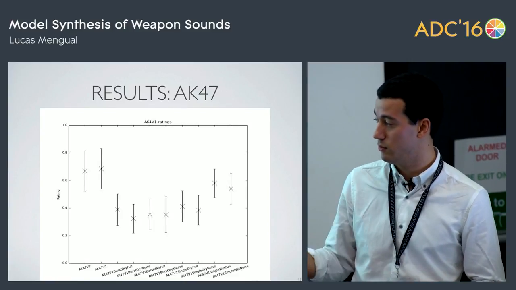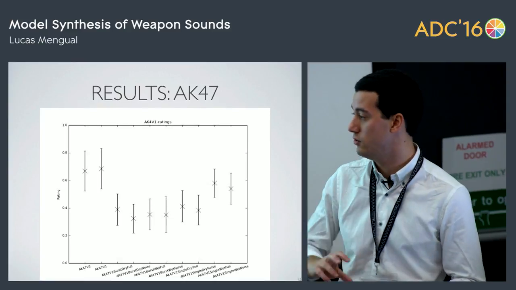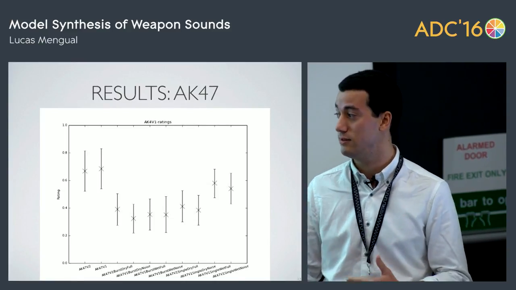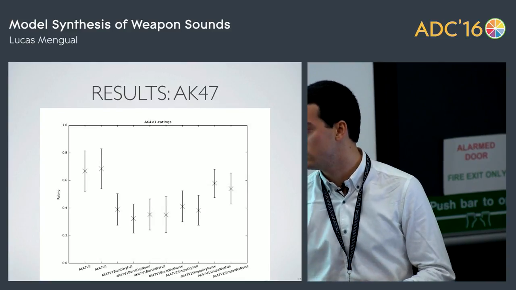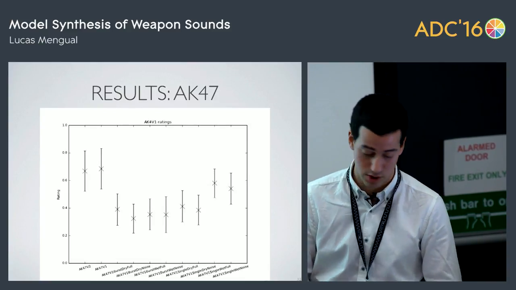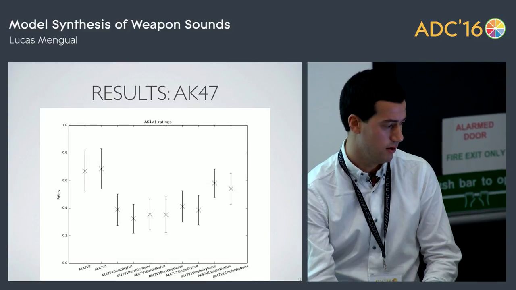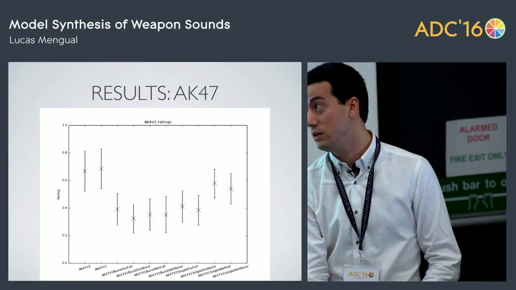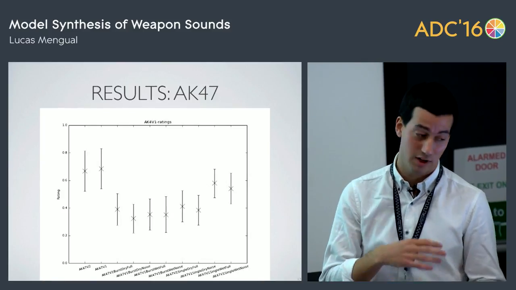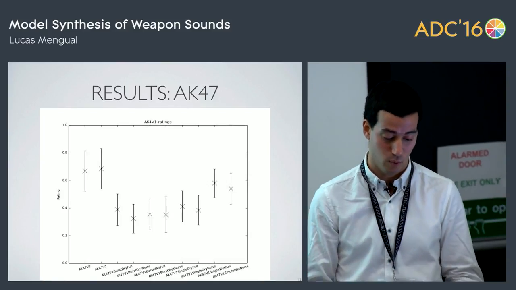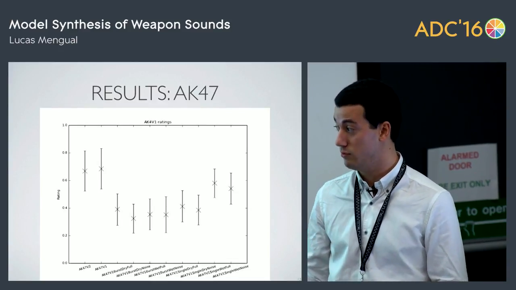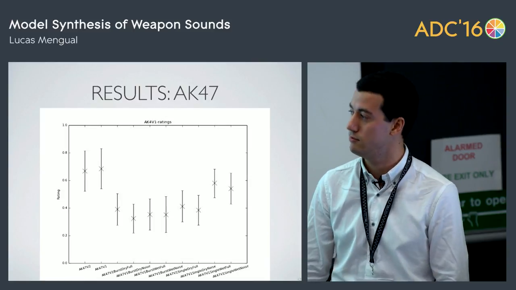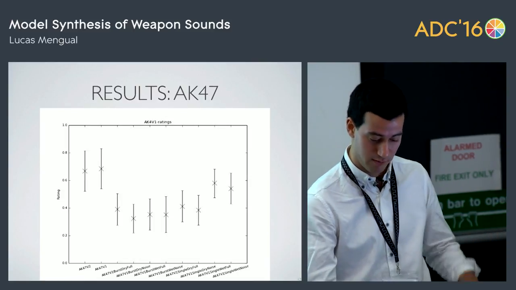This was done only with the AK-47. Then you have the full version, and just the noise, which means just the stochastic signal. Some of them have just saturation and reverb, but in this case, no. You can see the mean is really similar. People preferred the wet or procedural versions almost as much as the original one. This actually came out really positive for this AK-47.